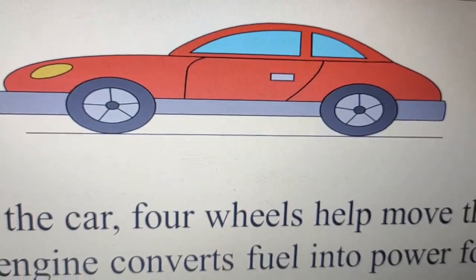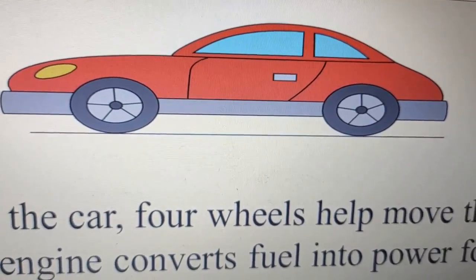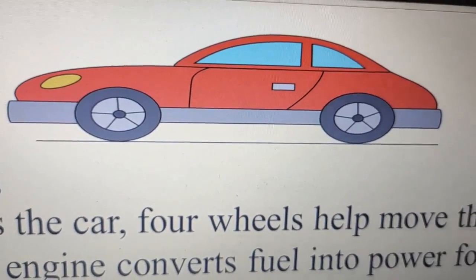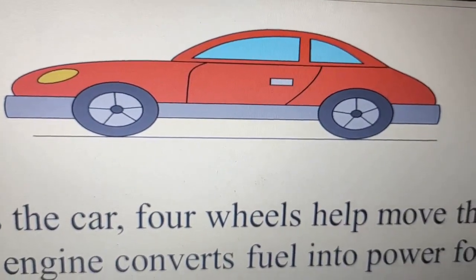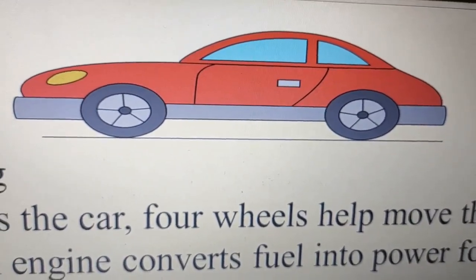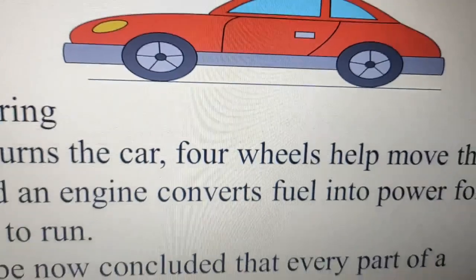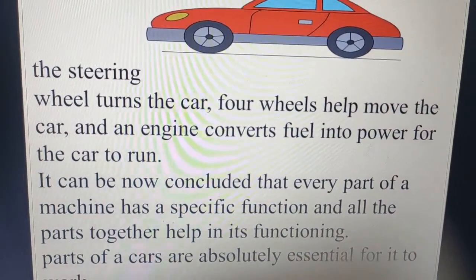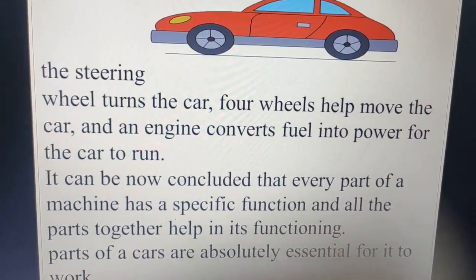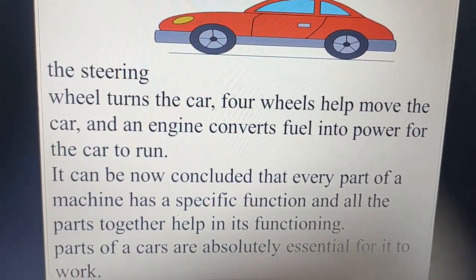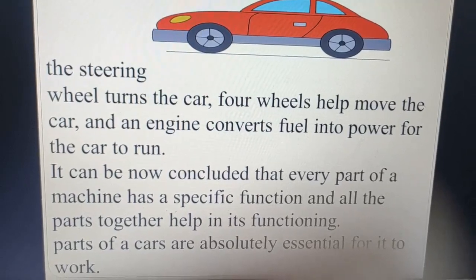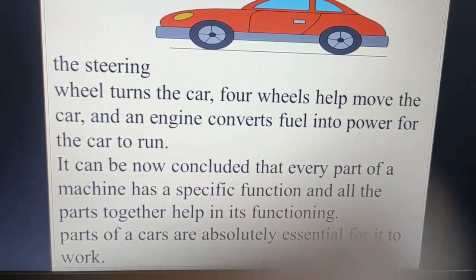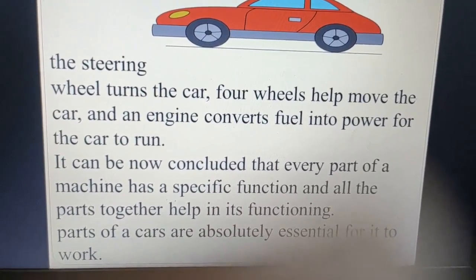Can you see this colorful car? Yes. Do you know, children, this car also has many parts, and all these parts help the car to function well. So here we go. How are the car parts working? The steering wheel turns the car, 4 wheels help move the car, and an engine converts fuel into power for the car to run.